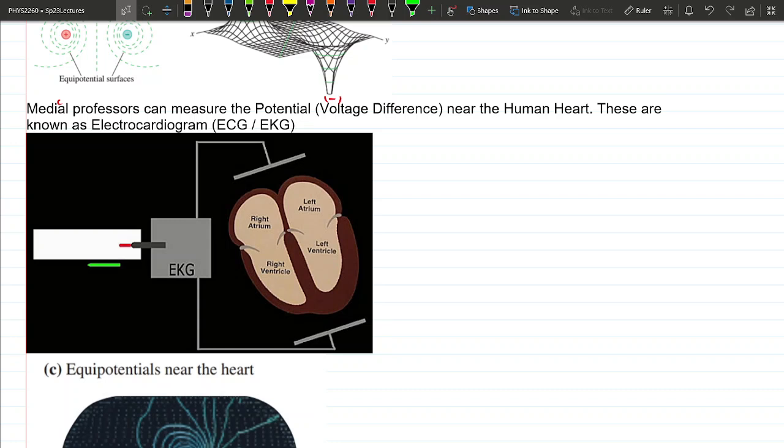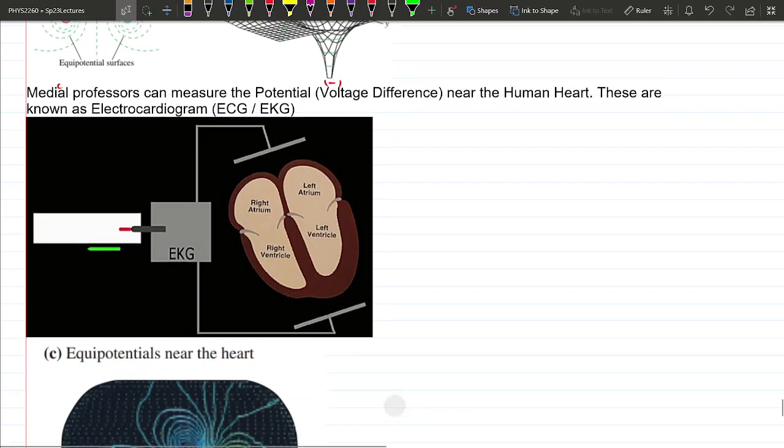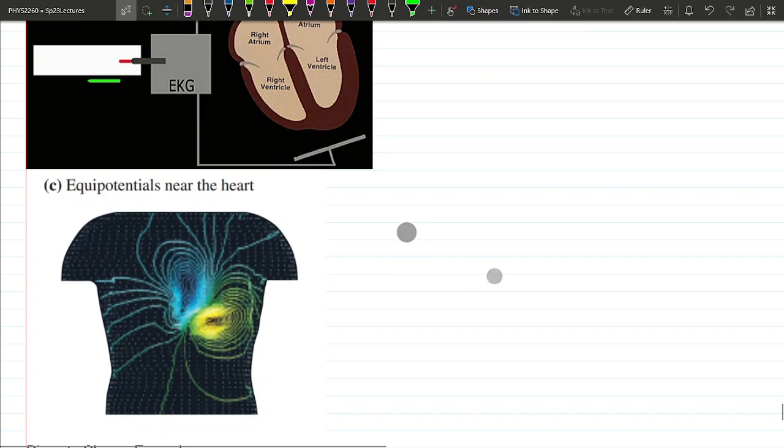The idea is, if you want to figure out whether your heart is working well, the muscles of our heart are controlled by some part of our brain, and the way it controls it is that your brain is constantly sending an electrical signal to the heart. Pump, pump, pump. As soon as that signal stops, you're in trouble. So you can actually measure this, and this is an electrocardiogram.